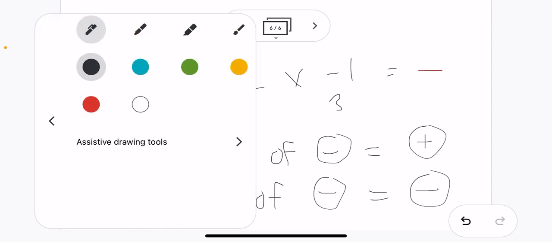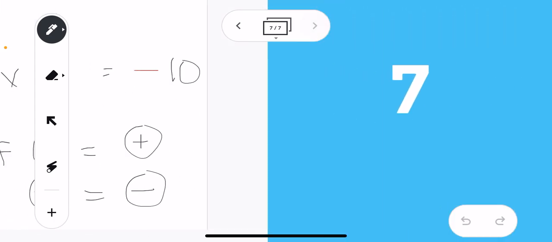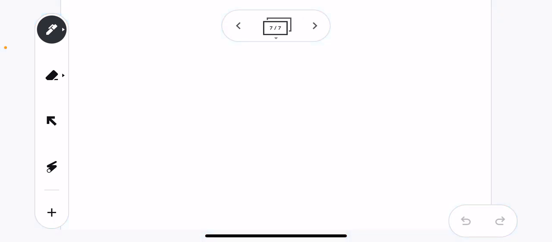Then we just do the numbers as if the sign wasn't there. So 5 times 2, 10, times 1 is 10. So this would be negative 10. But with that same question, let's say negative 5 times negative 2 times positive 1.